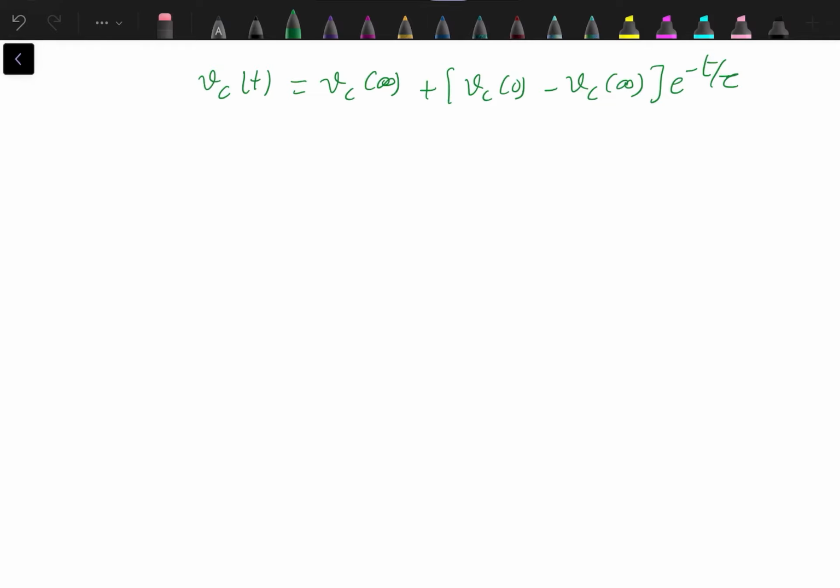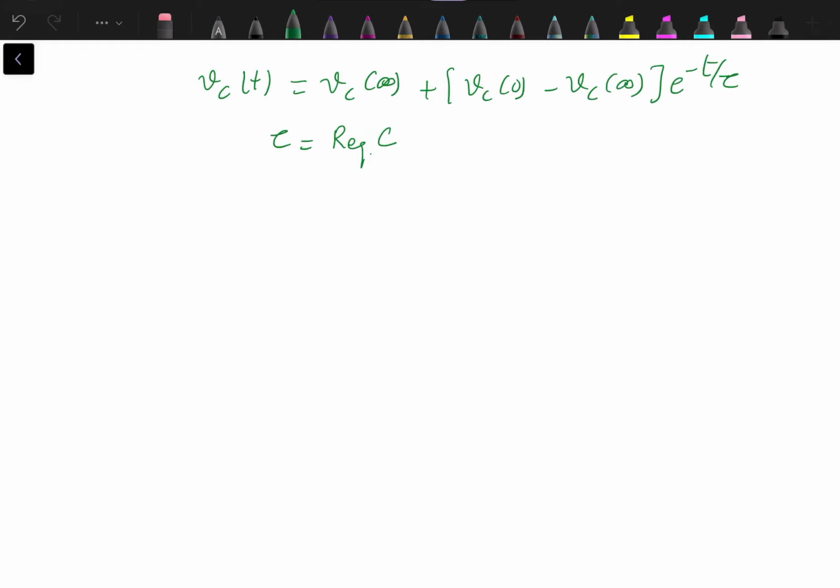Vc infinity is the voltage across the capacitor once the steady state conditions have been reached after switching, and tau is the time constant, and this tau for an RC circuit is calculated by R equivalent into C, where R equivalent is the equivalent resistance seen from the capacitor terminals.